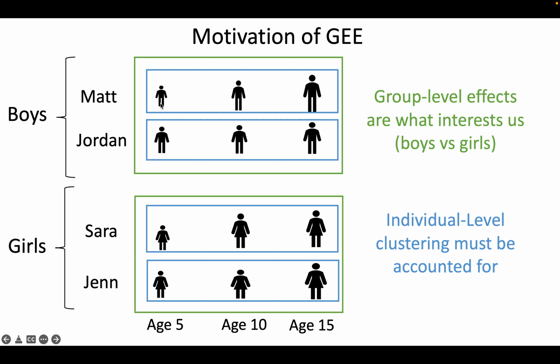And we want to control for this individual level clustering. It's a nuisance. It's not something we're particularly interested in. We want to have it not affect the results, though. So the motivation of GEE is finding this effect of how the two green boxes compare without the effect of these blue boxes messing up that result.